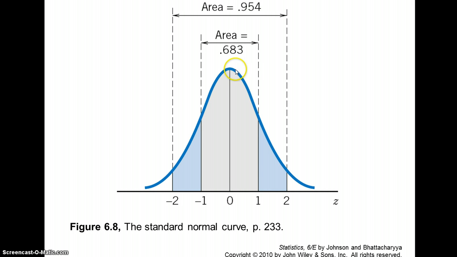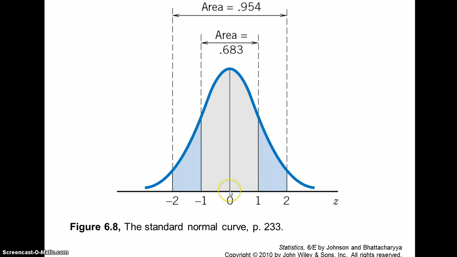Okay, so most people, almost more than half of the people or something, fall into this category. And if we do 2 standard deviations, because this is a standard normal distribution, 2 standard deviations will be 2 units.